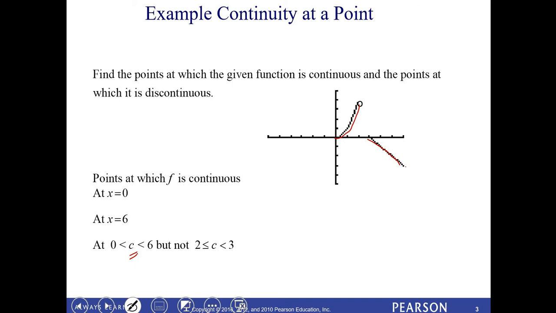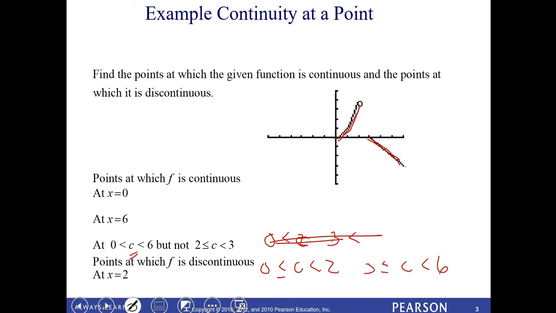So in other words, it is continuous from 0 to 2, and 2 is not included, and then from 3, which is included, to 6. Okay, so our sections of continuity are those places that we can draw without lifting up a pencil.